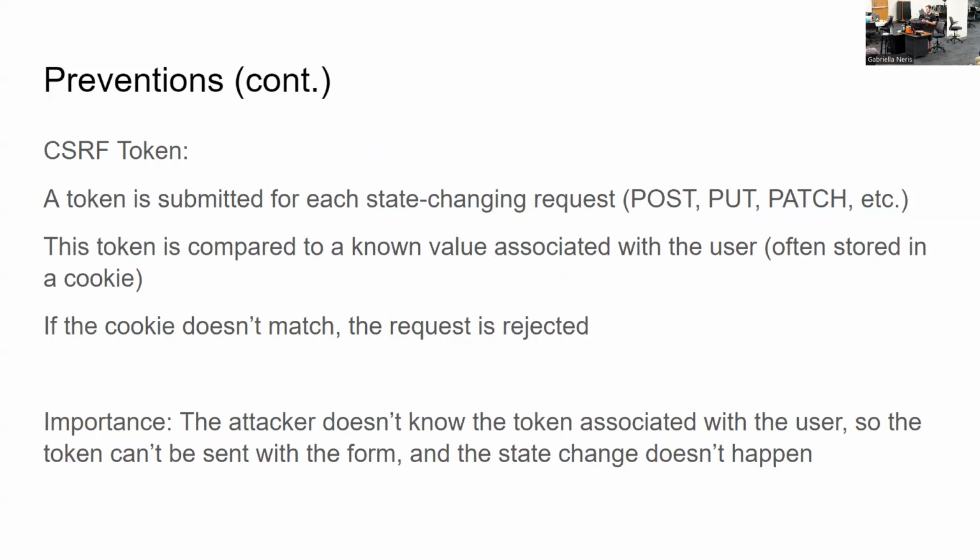And then for every POST request, which is when a form submits, it'll compare a value in the request body to the value in the cookie. Because the attacker doesn't know the token associated with the user, the attacker doesn't know which value to send with the form. And then there's no state change that happens because it doesn't pass the cross-site request forgery check.